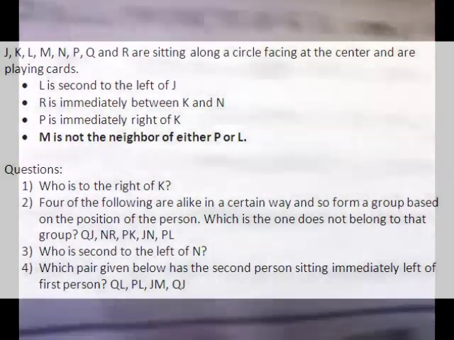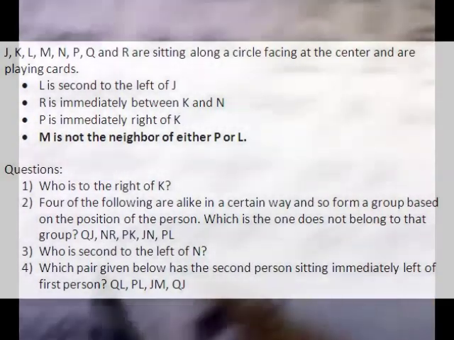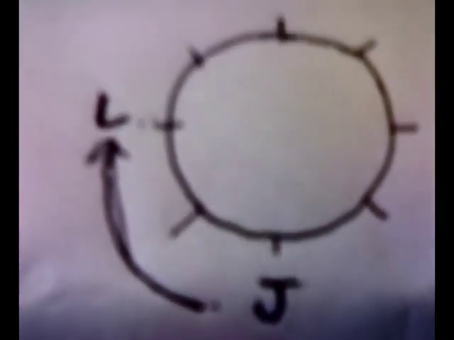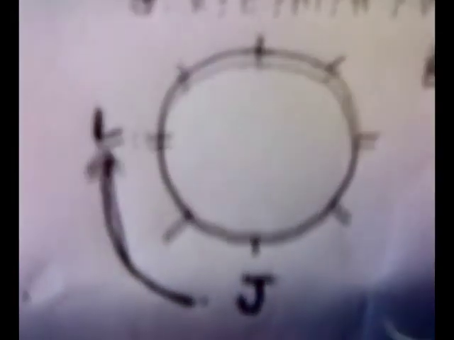Again the letters are M and P. Okay, M is not the immediate neighbor of P or L, so we have the letters M, P, and L. Now it says that M is not immediate neighbor of P or L. It means that we don't have P, so we cannot say where M could be, but we have L, so M is not immediate neighbor of L also.